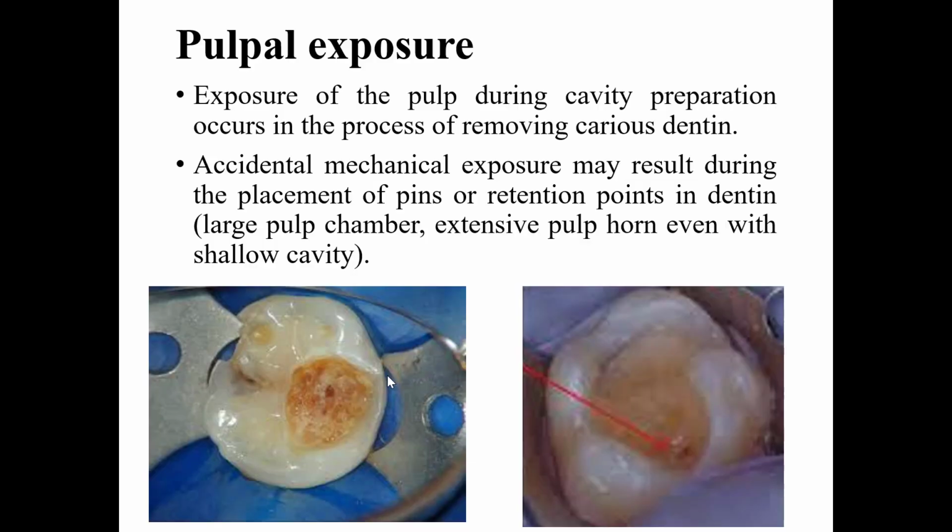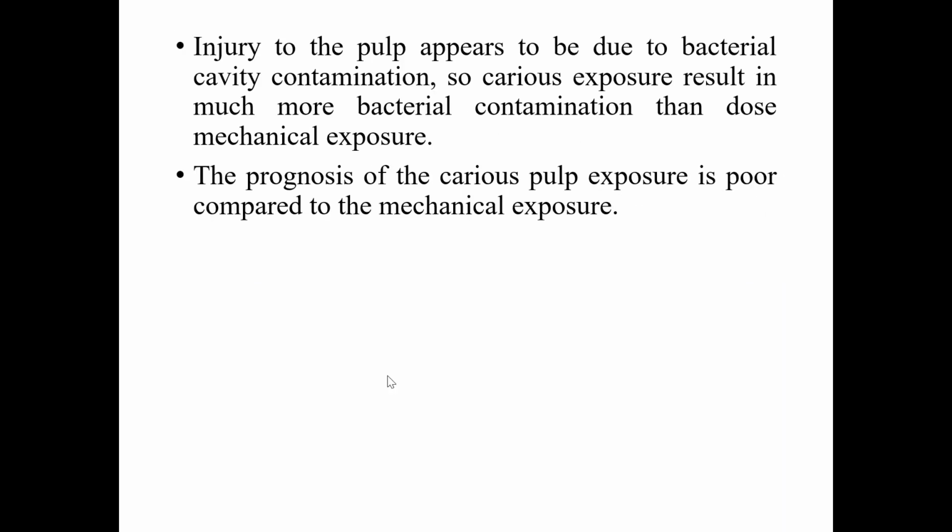عندنا الإفكت الآخر أو الكونديشن الأخرى اللي ممكن تحصل during cavity preparation is pulpal exposure. Exposure of the pulp during cavity preparation occur in the process of removing caries dentine. Accidental mechanical exposure may result during the placement of pin or retention points in dentine, large pulp chamber, extensive pulp horn, even with shallow cavity. فممكن في كل هاي الحالات يصير عندنا accidental أو mechanical pulp exposure، طبعا اللي هو يفرق عن الcarious pulp exposure.